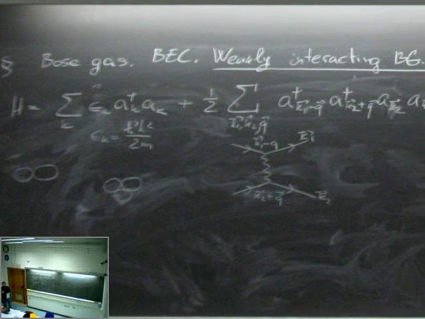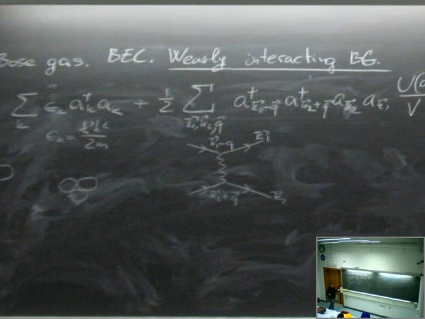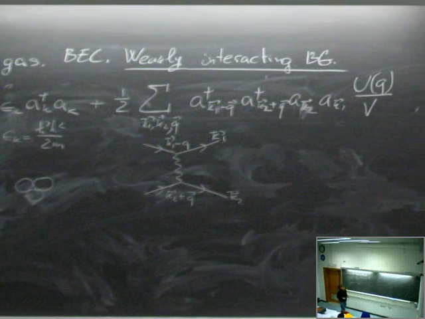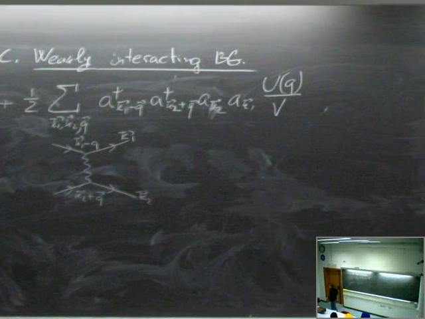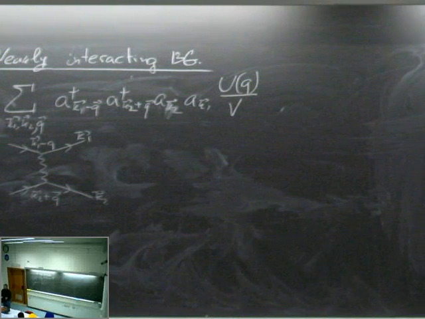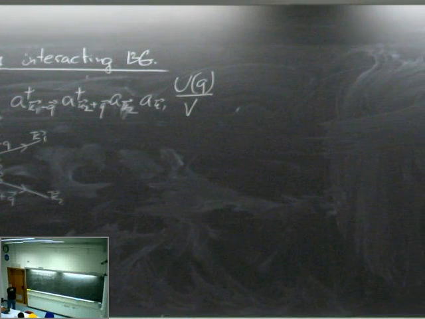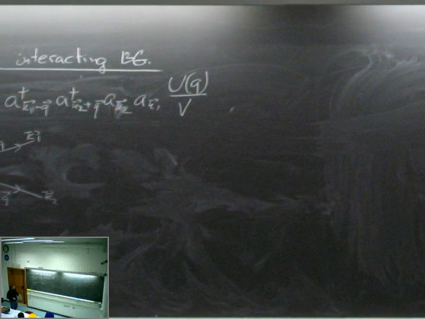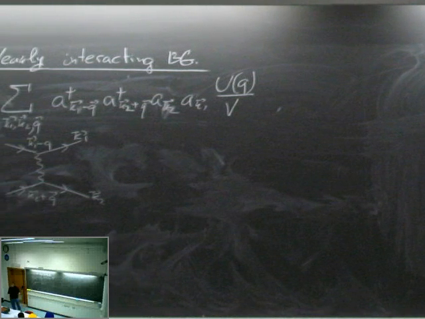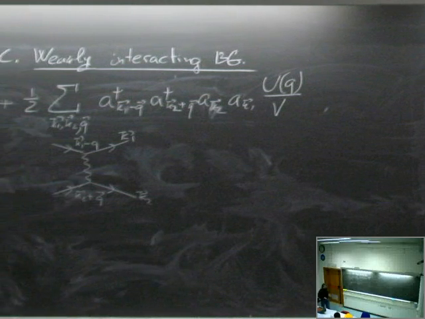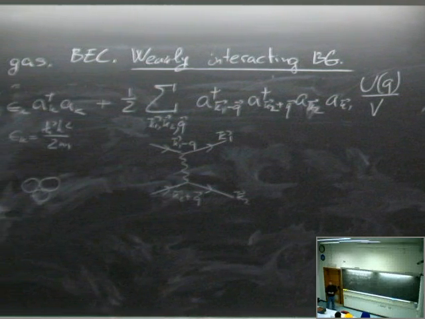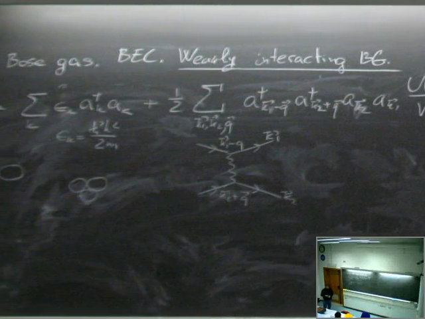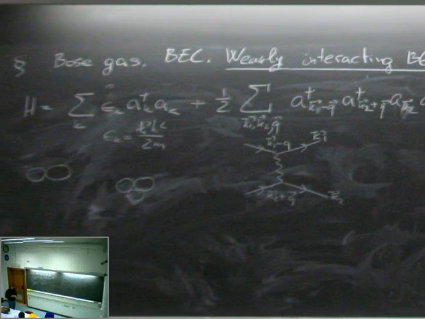So when the density of particles in the gas is so dilute, the probability to have three particles coming together at some point is much smaller compared to the probability of only two particles colliding. Therefore, all higher processes have to be disregarded.